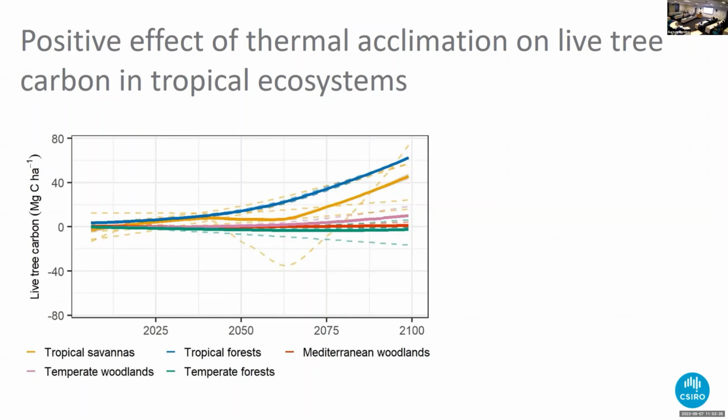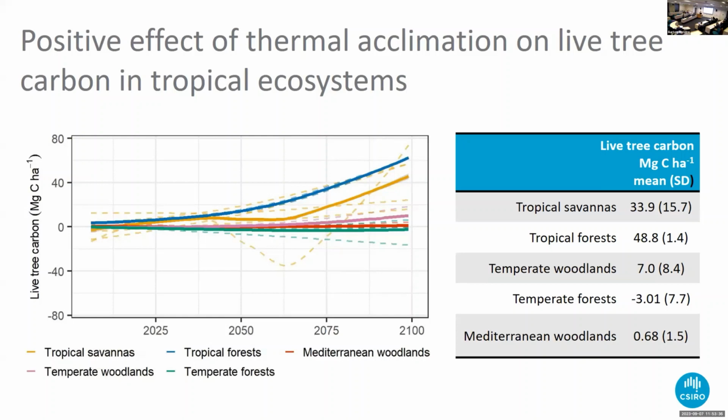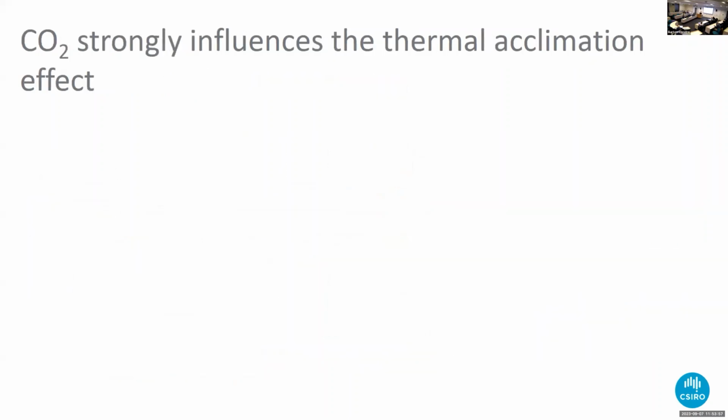And finally, in response to one of the reviewers, we did a simulation with CO2 held constant. And what we see there is the significant effect of CO2 on the simulations. So what we see is when we remove the CO2 effect, the climate change has a negative effect on carbon uptake and storage in these ecosystems, but the negative effect is slightly lower in the tropical ecosystems, and we can attribute that to thermal acclimation.